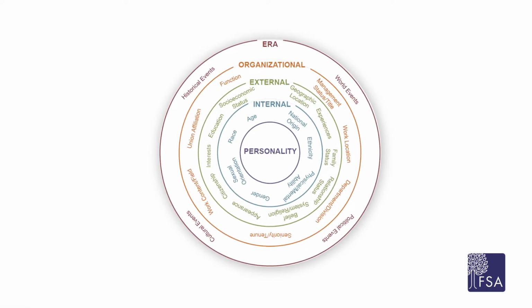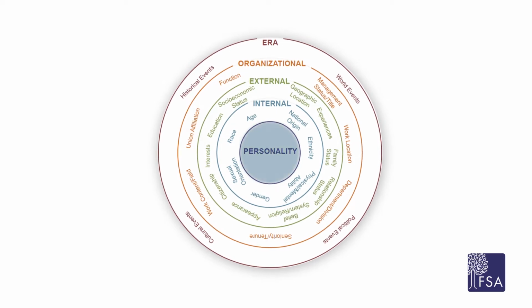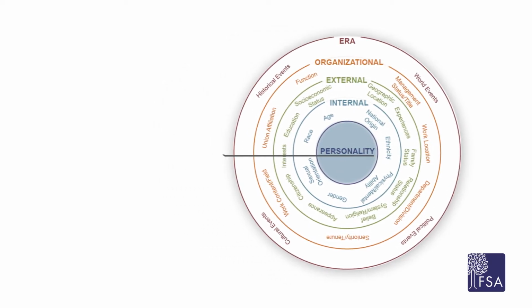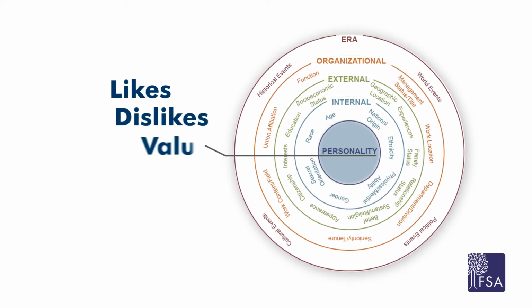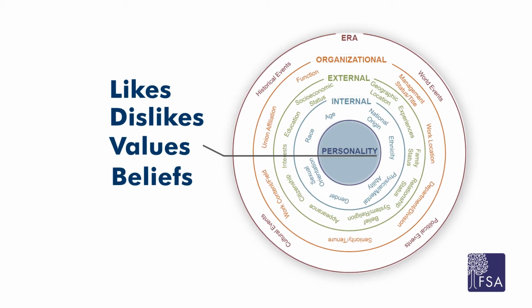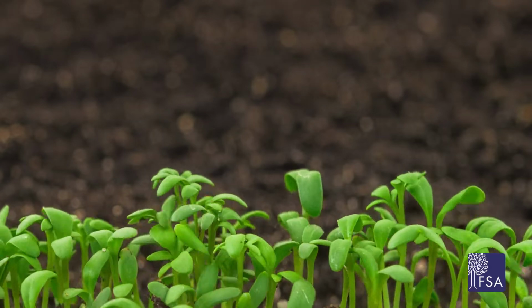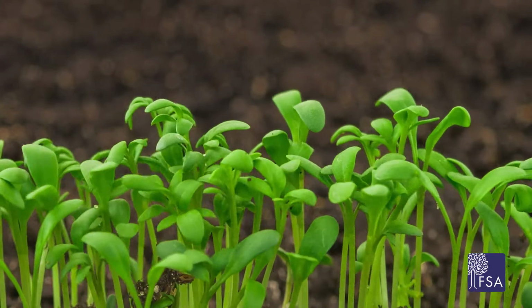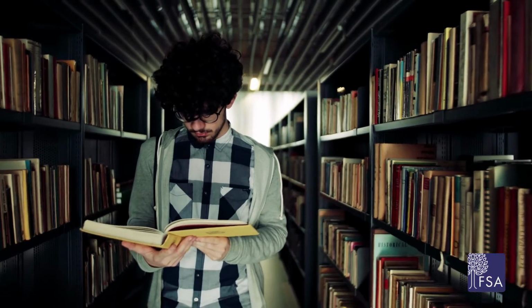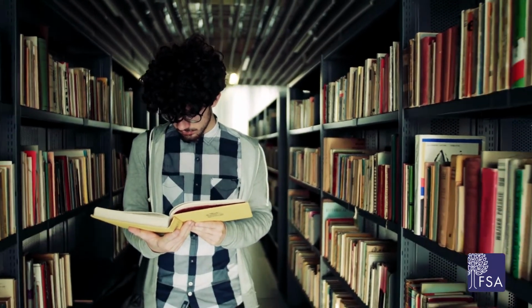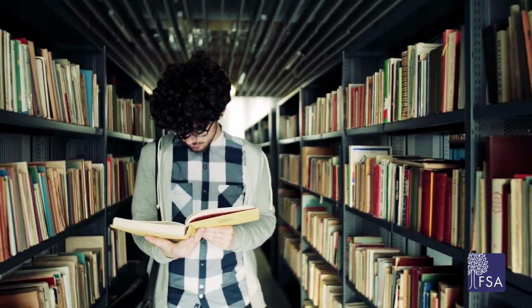Let's take a look. The first dimension, or the middle of the wheel, is personality. This includes an individual's likes and dislikes, values, and beliefs. Personality is shaped early in life and is both influenced by and influences the other layers throughout one's lifetime and career choices.